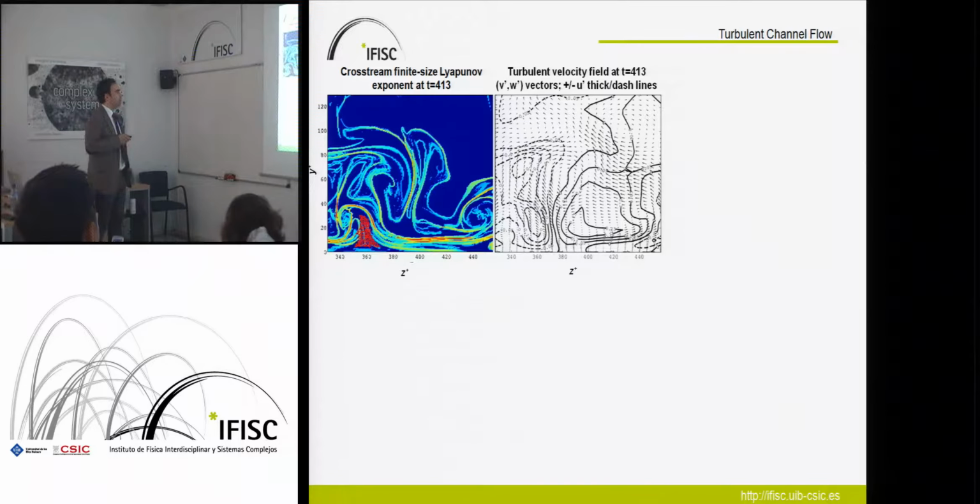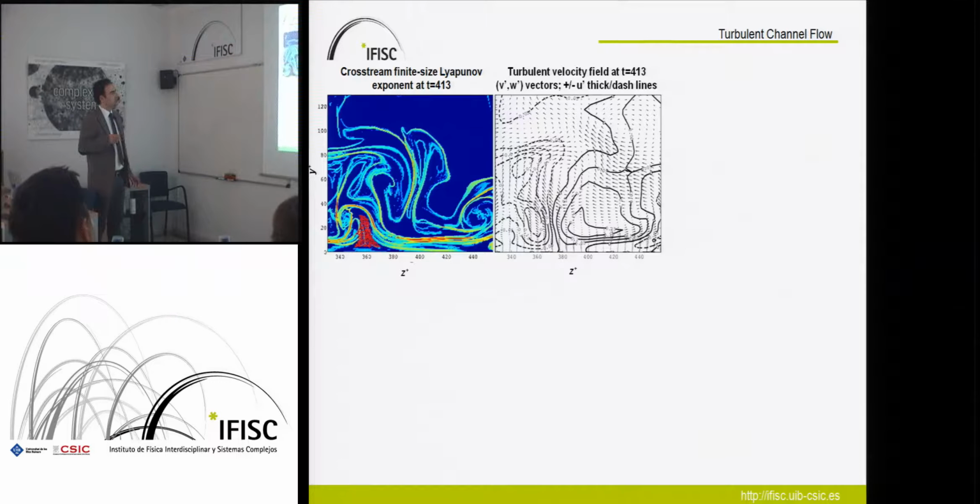So when we look at the cross-stream plane and we compare to the Eulerian velocity field, we can see that there are some points of similarity, especially here where we have this curved high FSLE region.